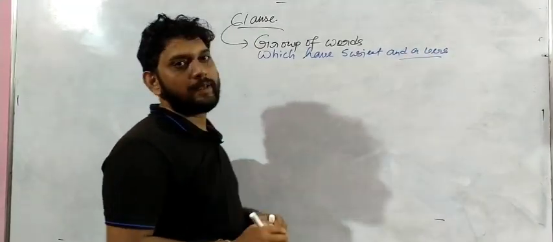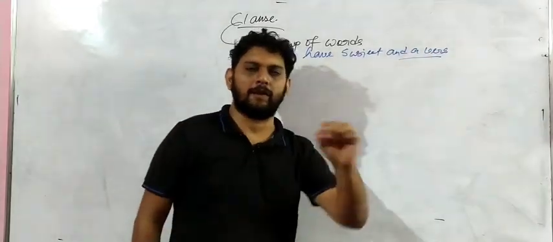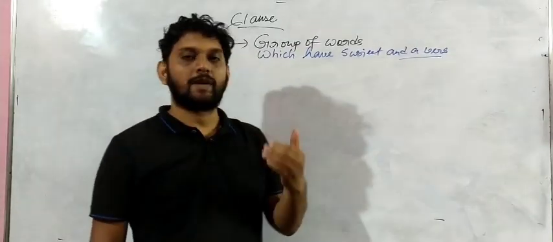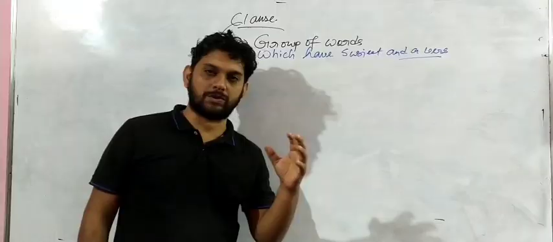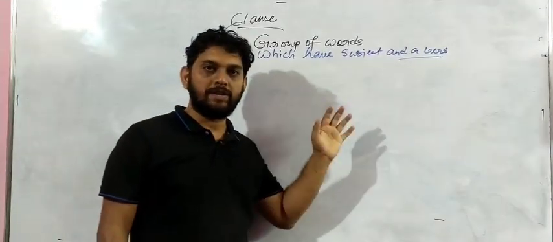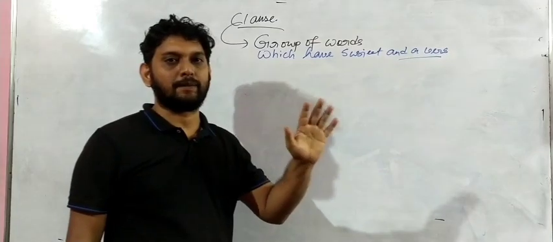So what I have written over here, what is clause? A few days back I also defined what is phrase. Today I am just telling you what is clause. Clause is a group of words which have a subject and a verb.